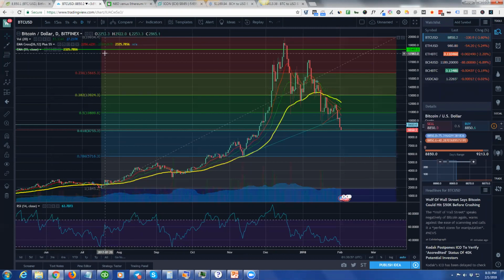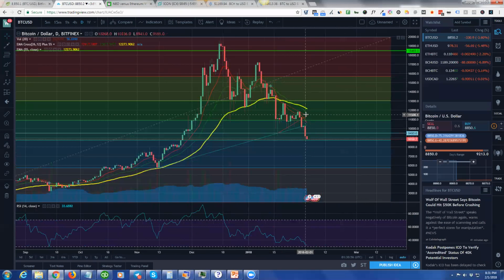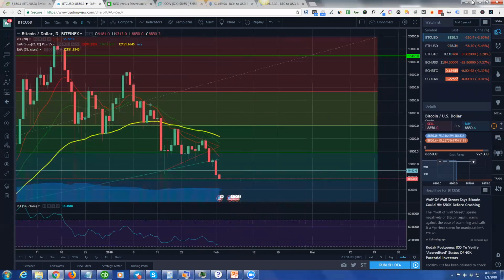And so if we look at, so you can see that we were somewhat sideways. And if we look at here, which was the 29th, then we had this major dump here, right? This is when that news came out about Bitfinex and Tether. And so people started questioning whether Bitfinex was in trouble.